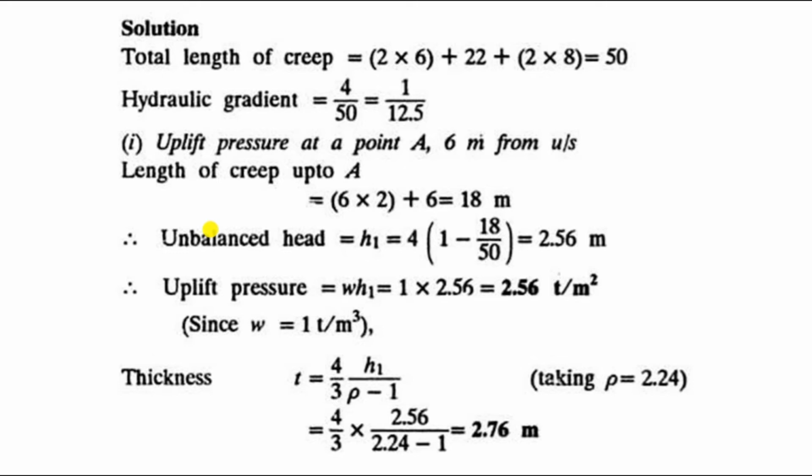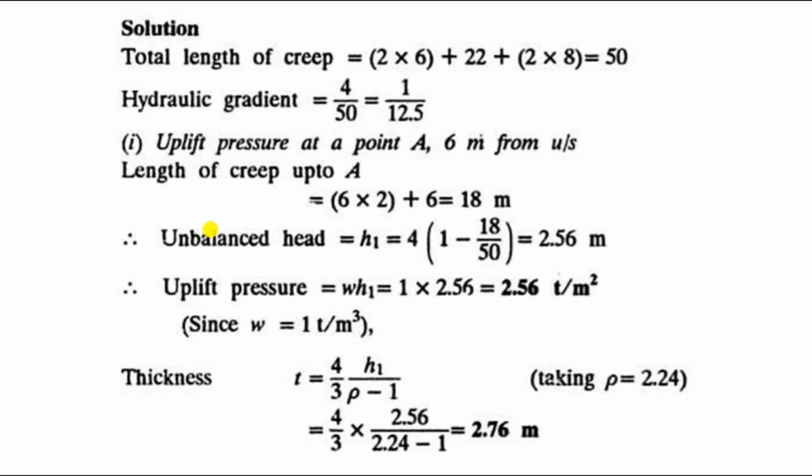Total head H and total head loss per unit length, 18, because our uplift point is at 18 meter. Creep length is 18 divided by 50, 1 minus that. So we get the value in decimal and multiply with our total head. So 2.56 meter head is present at 6 meter.